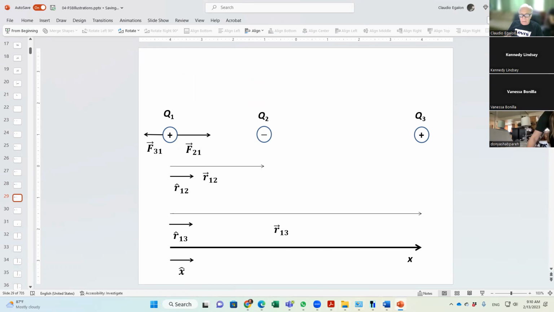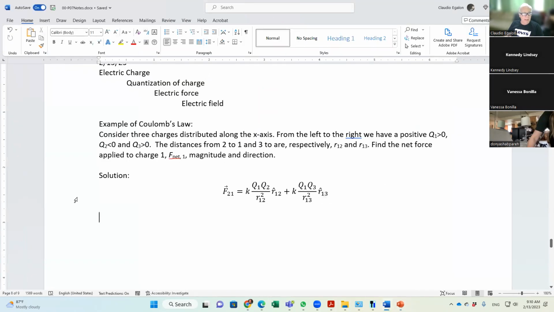So now we can go to the next step. The next step should be to write down that R hat 12 is equal to R hat 13, which is equal to x hat.